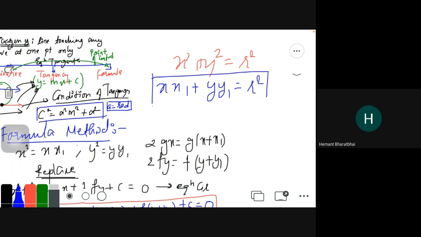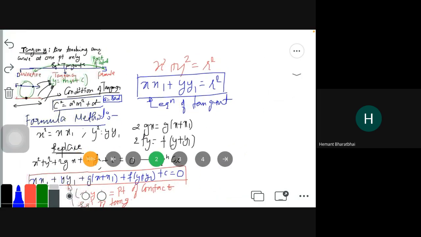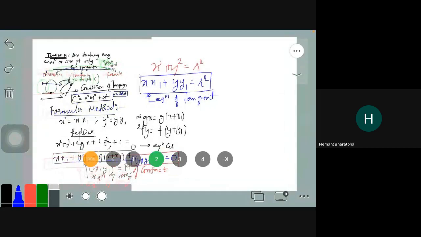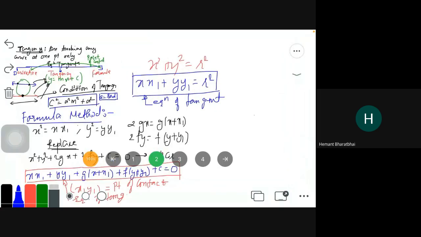So this will be the required equation of the tangent. If the point of contact is known, then this is how you can find the equation of the tangent. I hope you have understood how to find the equation of the tangent.